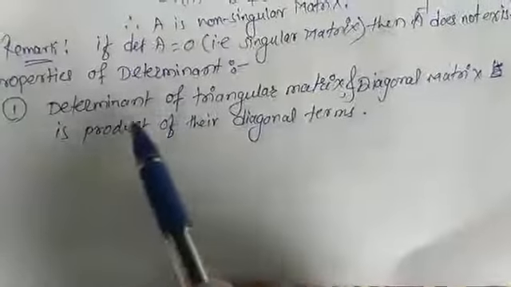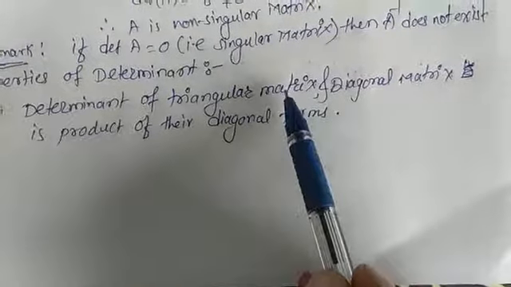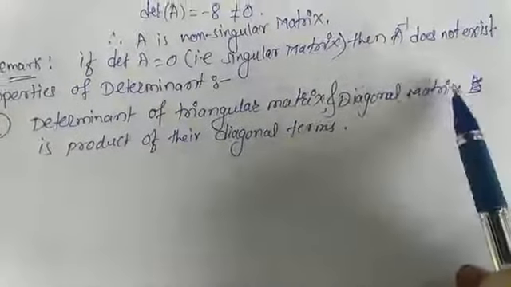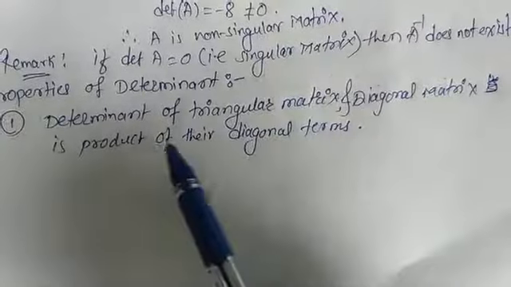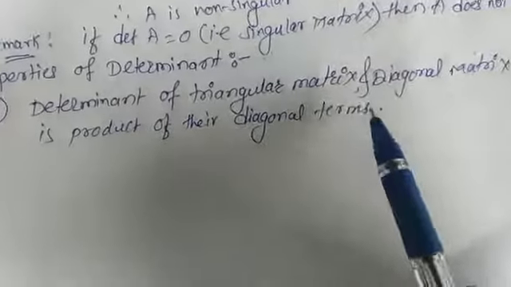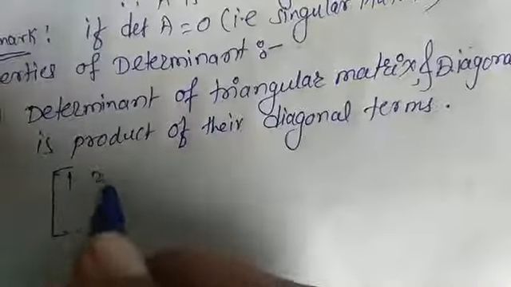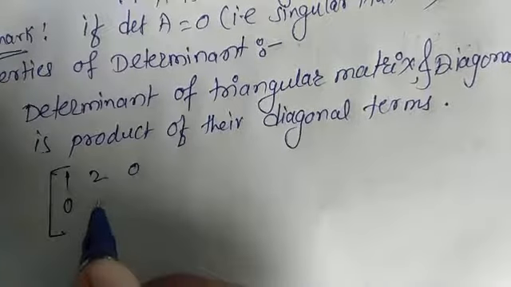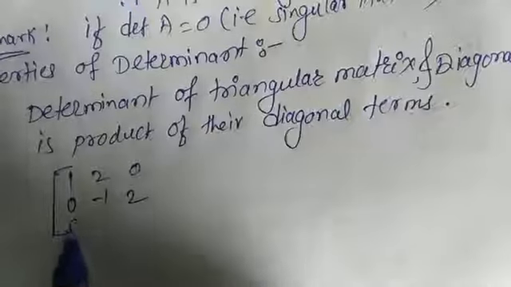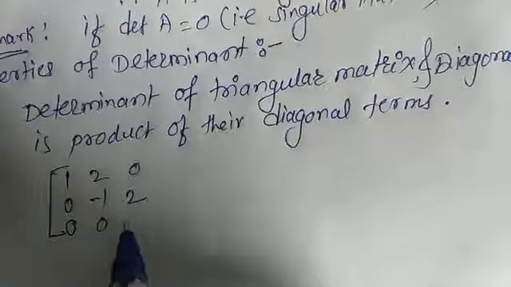In the first property, the determinant of a triangular matrix and diagonal matrix is the product of their diagonal terms. For example, consider the matrix [1, 2, 0; 0, -1, 2; 0, 0, 3].